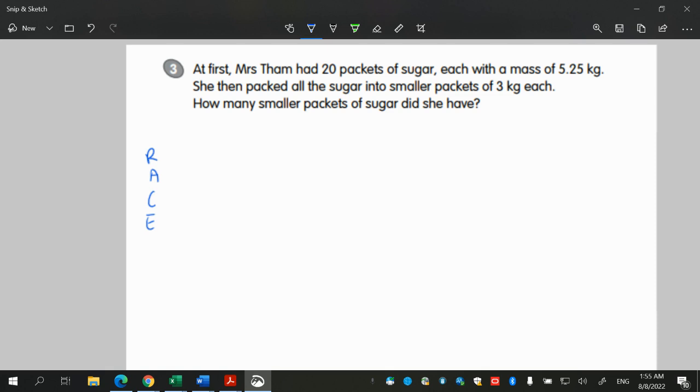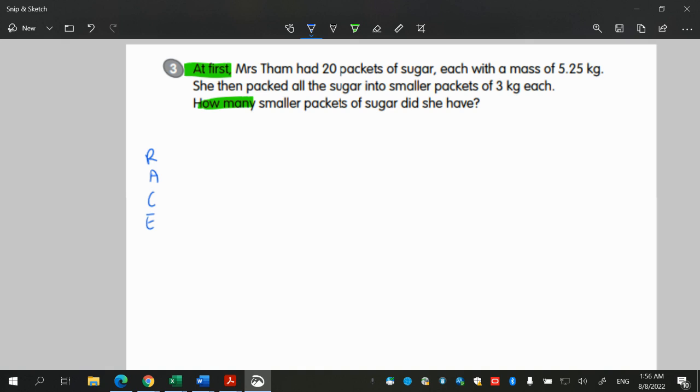You see immediately the first part says at first. That means there's a story going on. Mrs. Tam is going to do something, and after that there's a question at the end. The question asks how many smaller packets of sugar did she have?